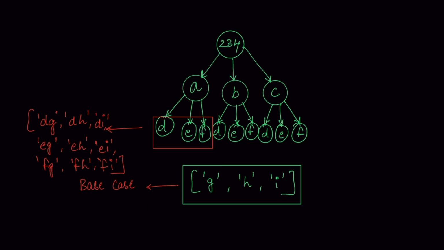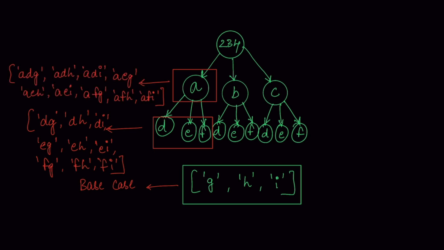Once this level is completed, the control flows back to the previous level of the recursion tree. Once the control flows back to the previous step, for A, the output is going to look like this. We are going to get ADG, ADH, ADI, AEG.